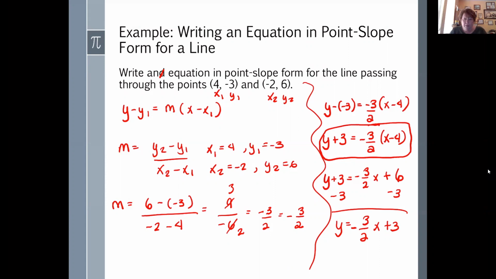It could go in the denominator, one or the other, or it can go out in front of the fraction. So when you divide a positive by a negative, you get a negative. So it doesn't matter if you divide the numerator's negative and you divide it by a positive denominator, or if you have a positive numerator and you divide it by a negative denominator, you're going to get a negative fraction.